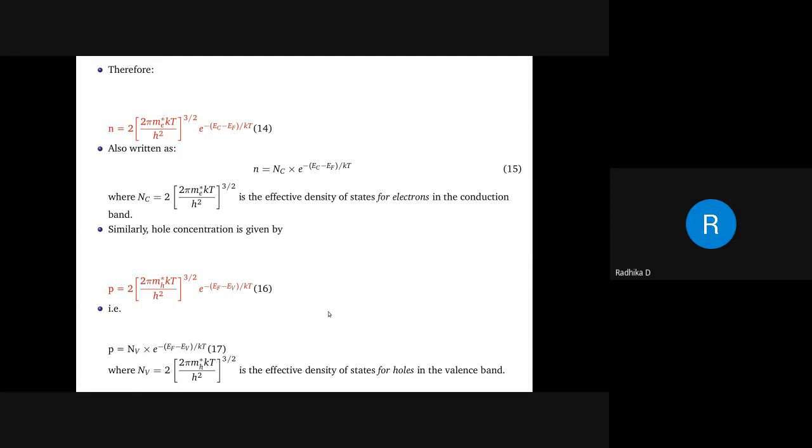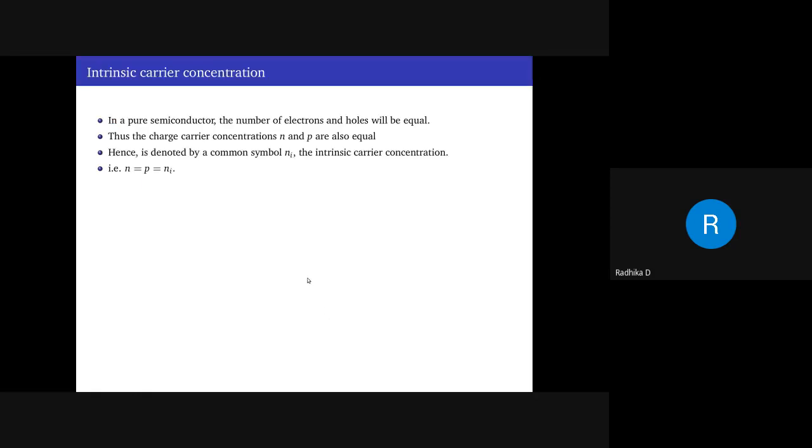Next step, I am considering an intrinsic semiconductor. In an intrinsic semiconductor, the amount of electrons and the amount of holes will be the same.